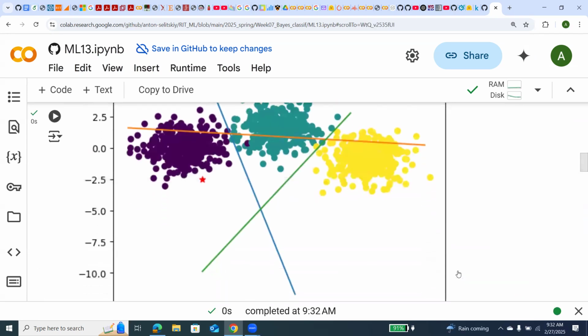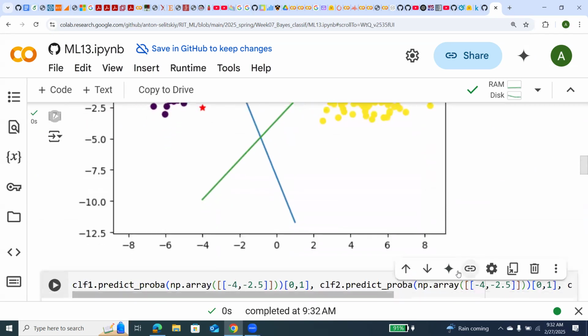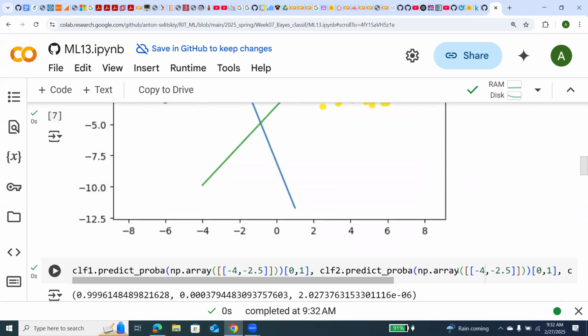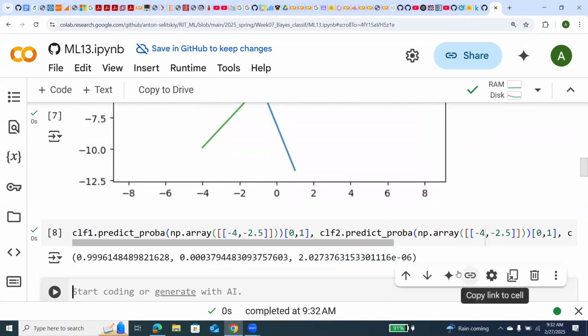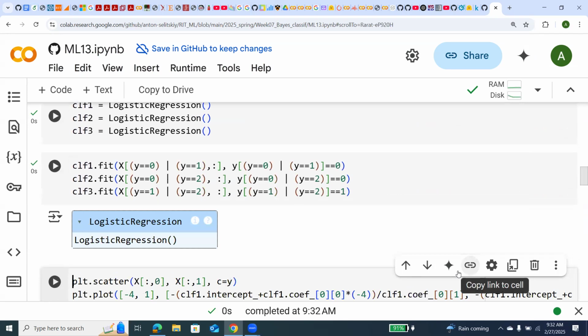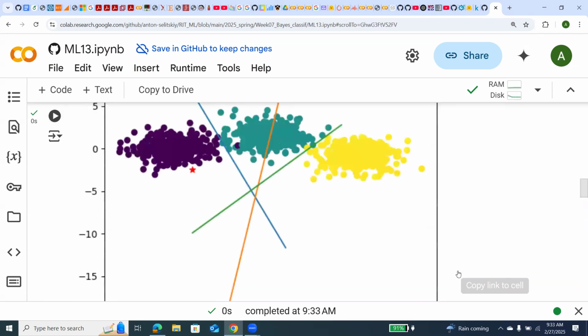Then I calculated the probability for this point. So this is how the numbers were obtained in the presentation last time. Then I did the all versus all, so all pairs of classes classification.